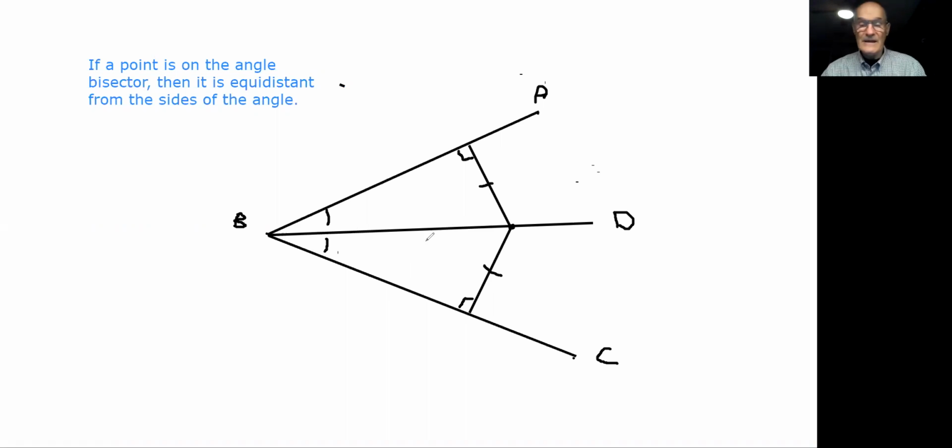Now, once again, if you try to prove, let's say this is point E and this is F and this is G, now we can say that triangle BFE is congruent to triangle BGE.